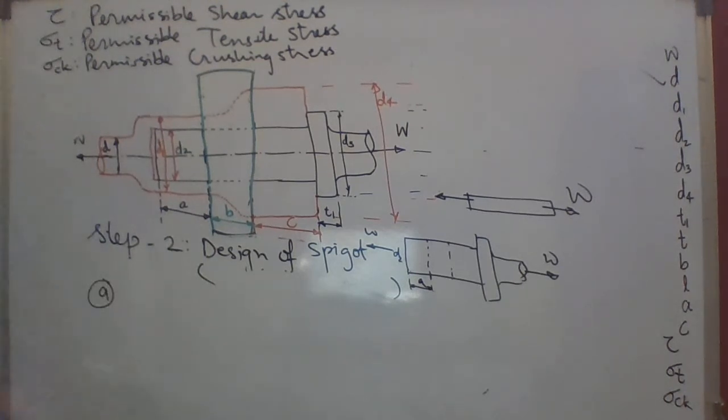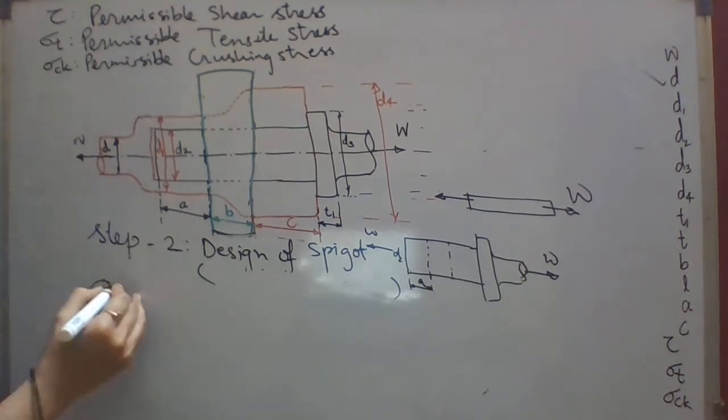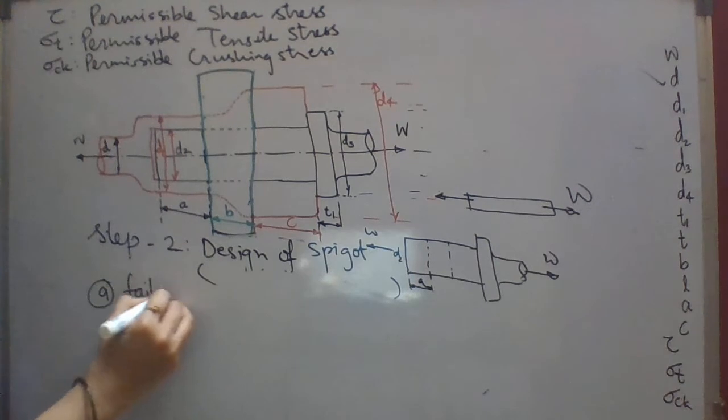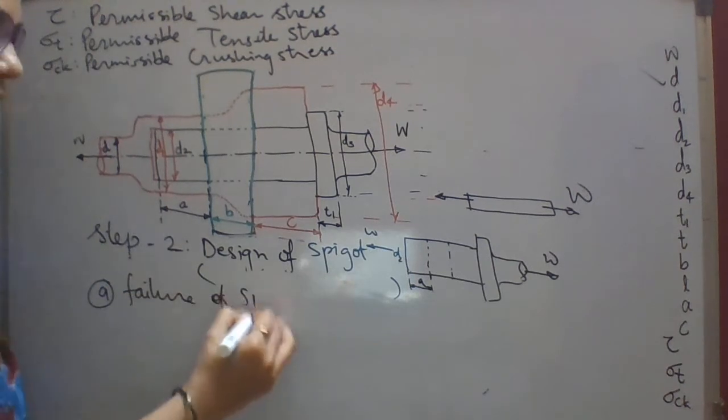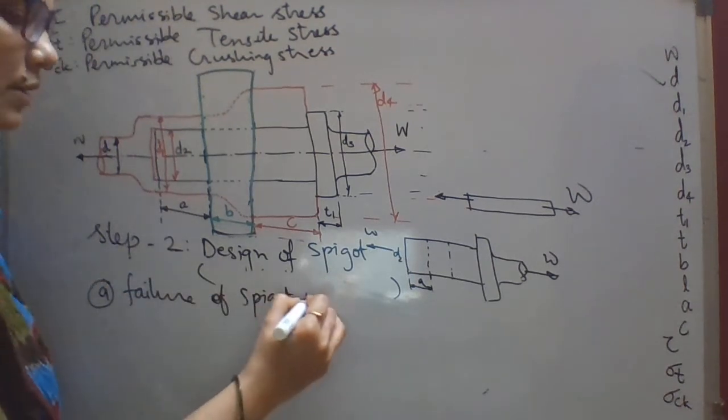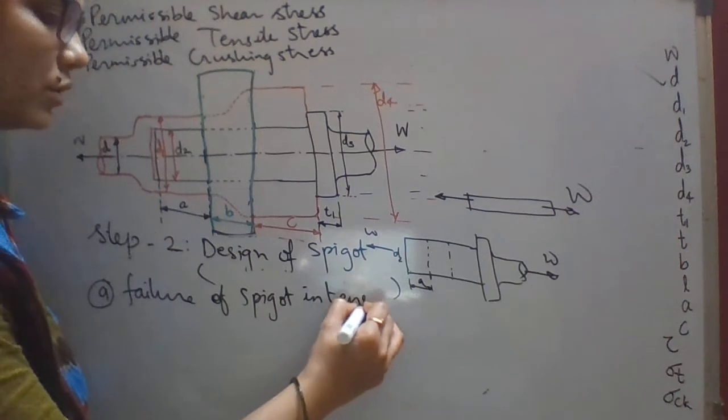So number 1, the first type of failure we'll consider in the spigot is failure of spigot in tension.